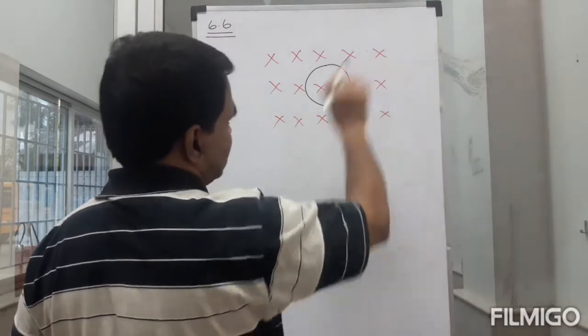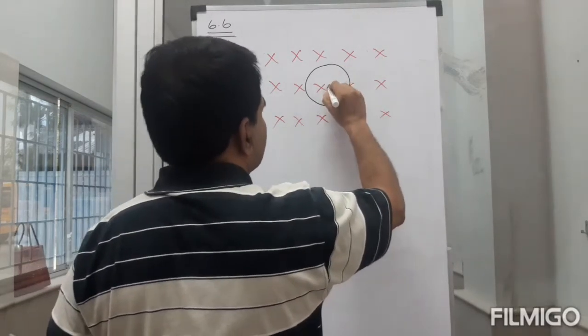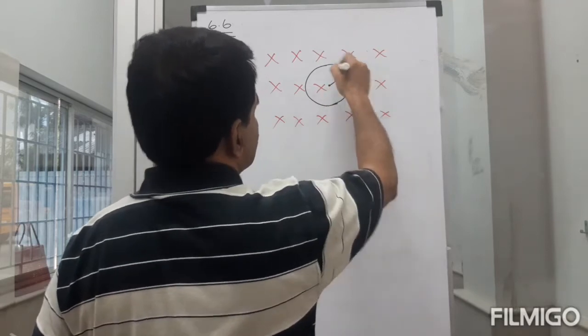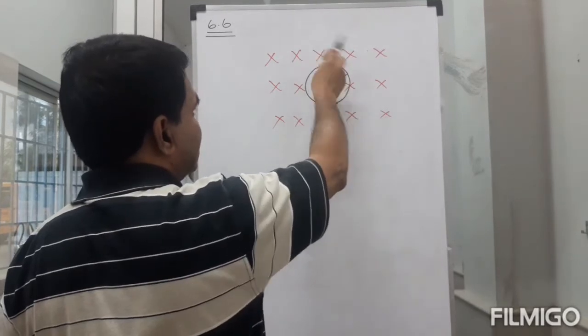This will have some radius r, and from the center you have a rod that is touching this metallic ring, and it can move freely around it.